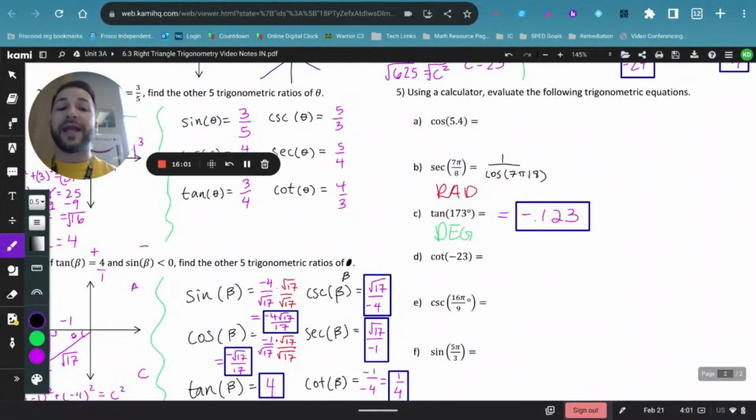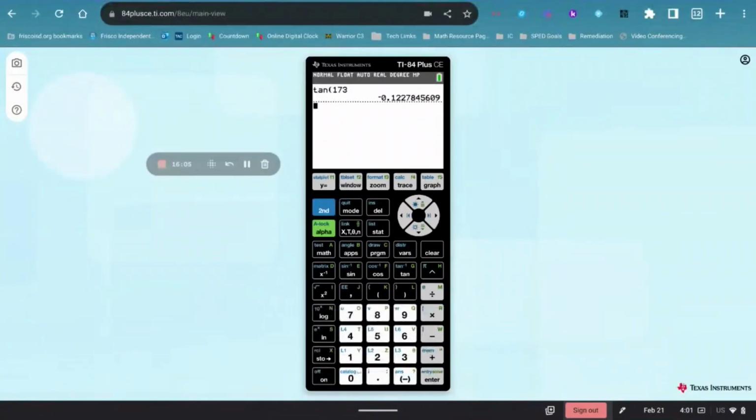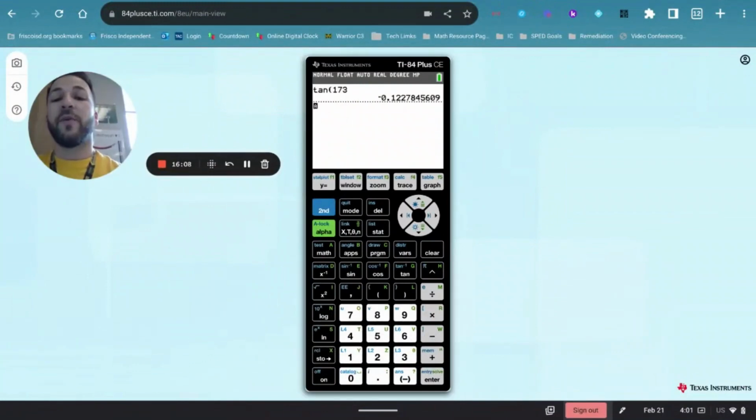And then that's what I can actually go and plug into my calculator. So in my calculator, I'll come over here, alpha y equals, so I get my nice fraction, 1 over cosine of 7 pi over 8, 7 second pi over 8.